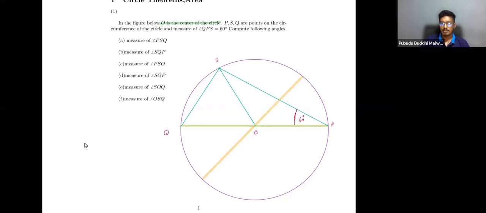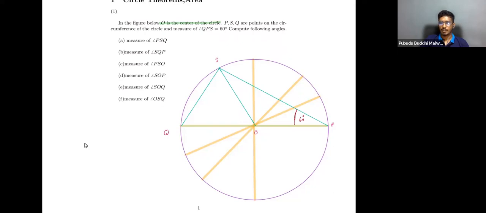Those are chords, but the biggest chord that one can draw, the largest chord, is the diameter. All of these lengths are diameters, basically the same length. Hence, QP is a diameter.